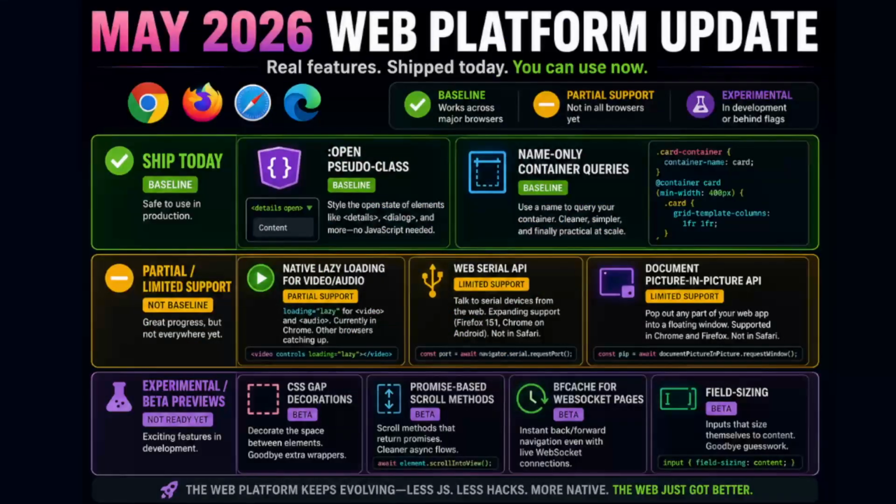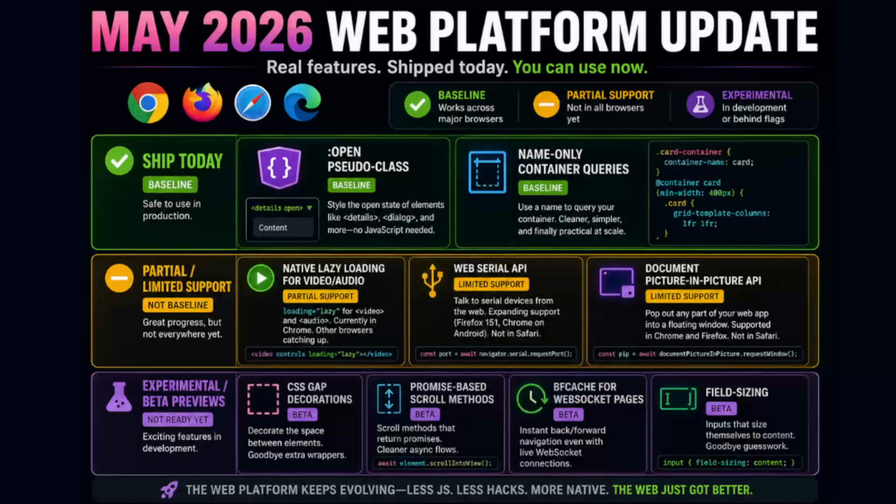So in the May 2026 web platform updates we have the pseudo-class for the open state of details and dialogs, and we have the name-only container queries, where normally this statement here on the right is wrong, because when we use only name-only container queries, we cannot use the sizing. And that's something I'm also going to show you in the demo that we have right after my explanation here.